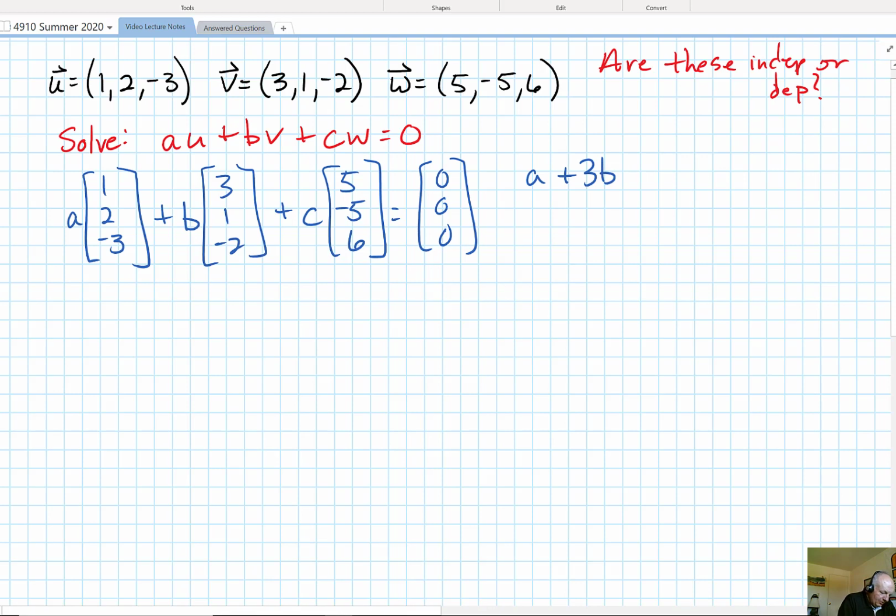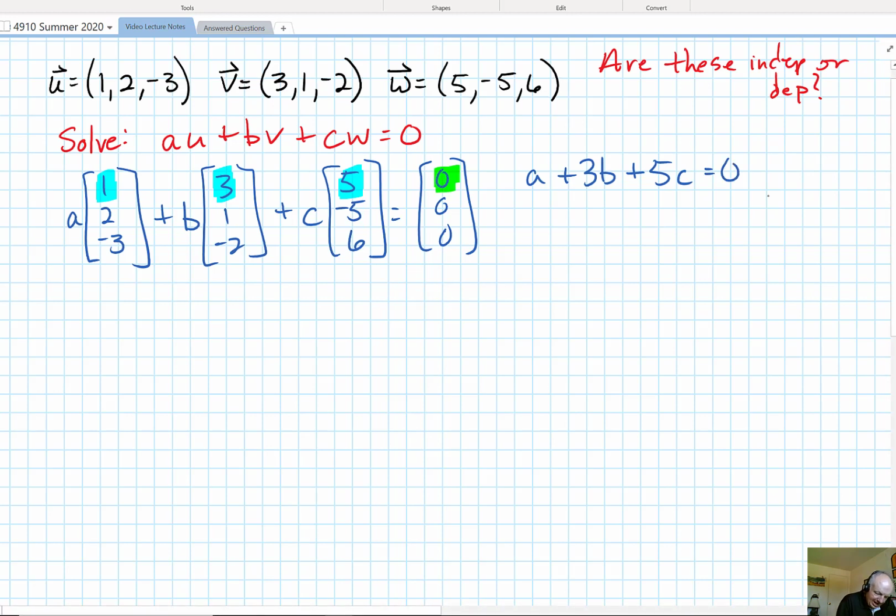If you think about what it takes to add vectors, remember how it works. You add this component to this component to this component, right? So you're going to have A times 1 plus 3 times B plus 5 times C, and that's supposed to equal this component, 0.